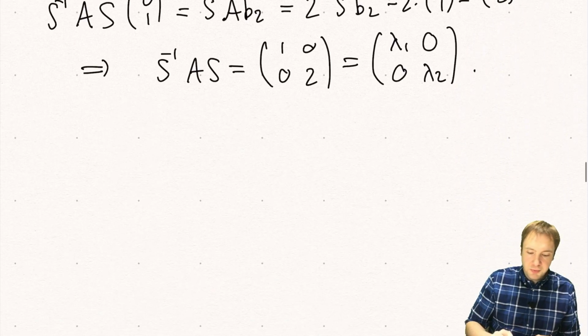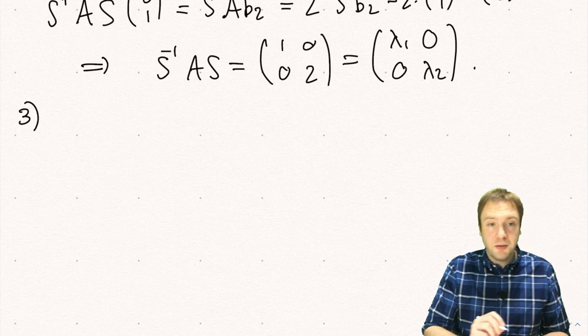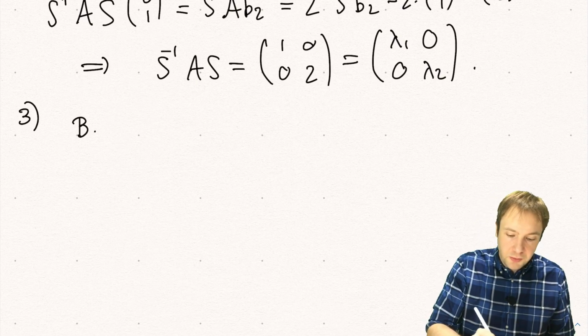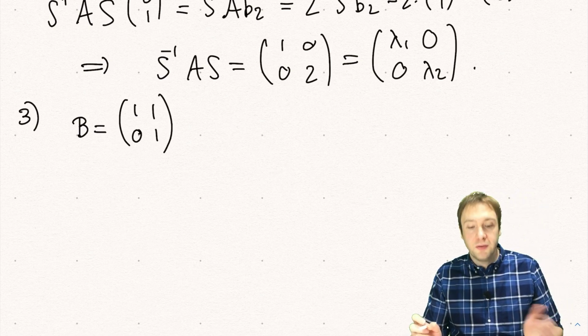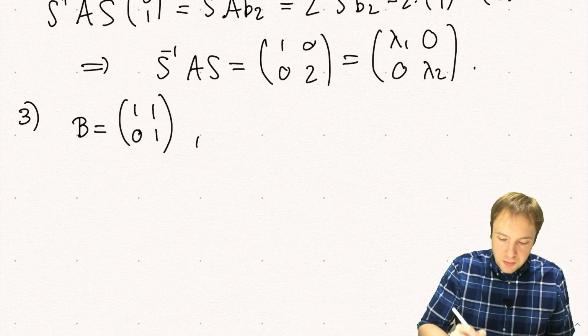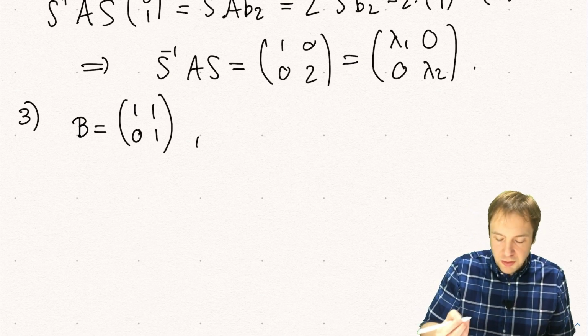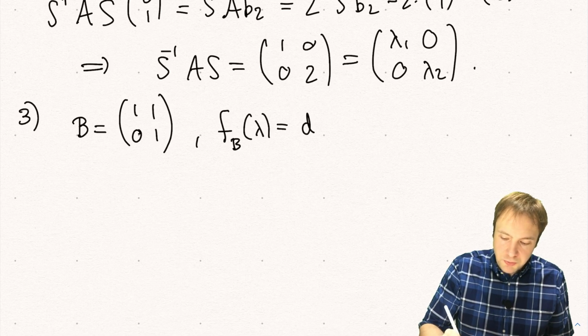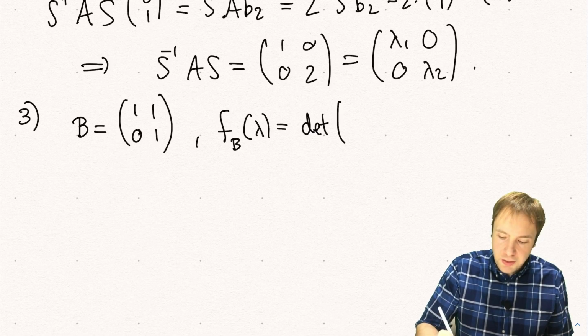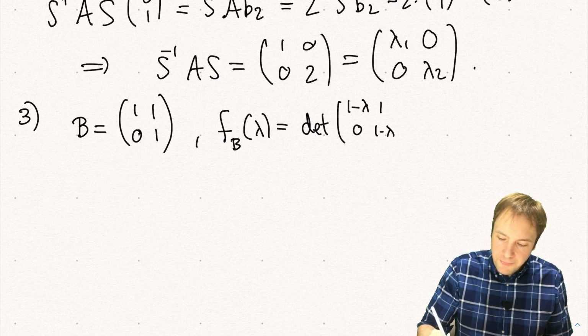But now let's do an example of a matrix which is not diagonalizable. So if I take the matrix B, 1, 1, 0, 1, what are the eigenvalues of this matrix? Well, how do I calculate the eigenvalues? I consider the characteristic polynomial, which was defined by the determinant where I subtract the lambdas on the diagonal.